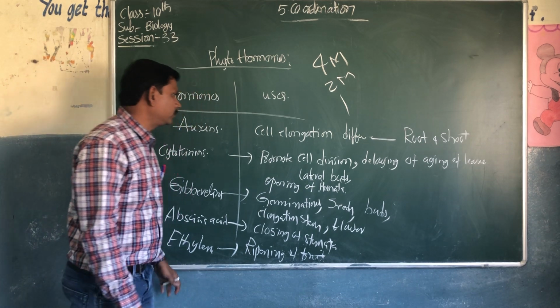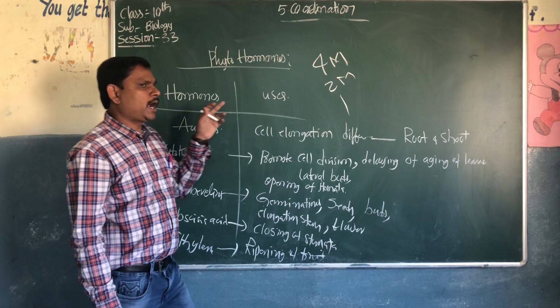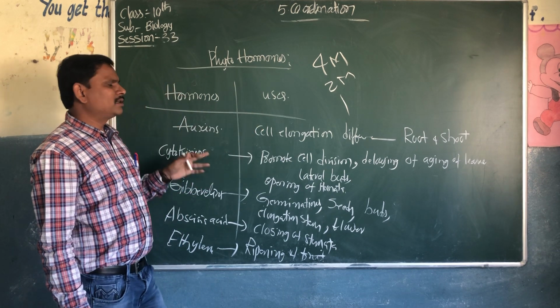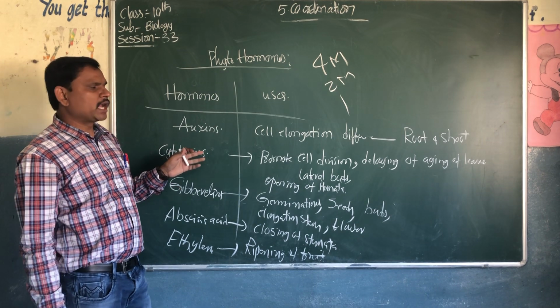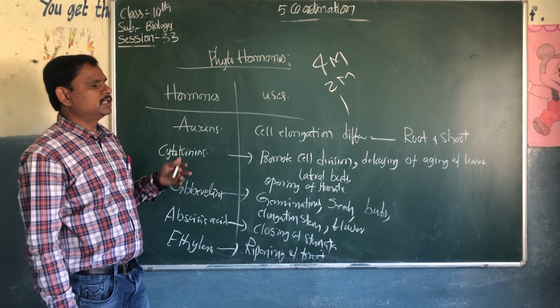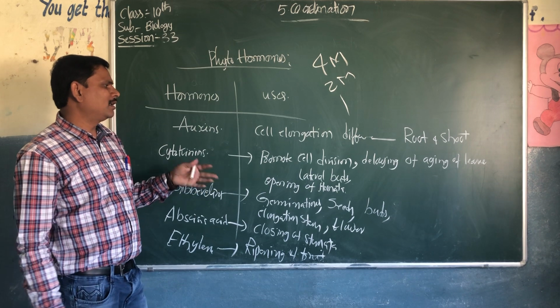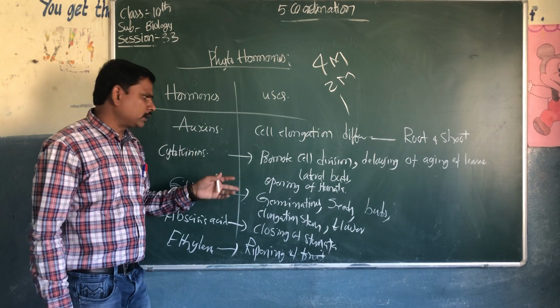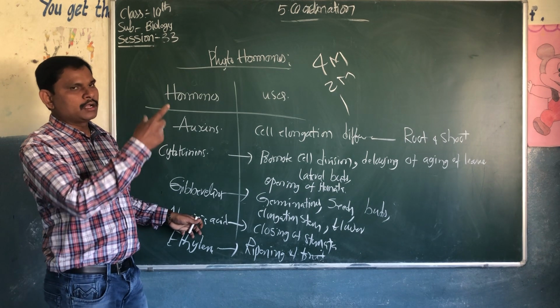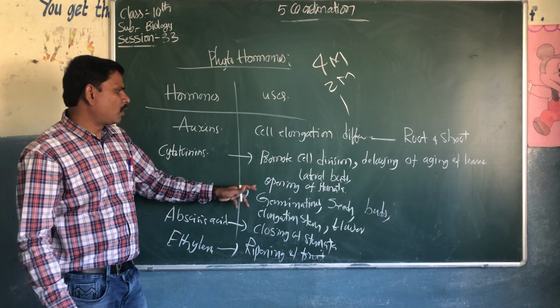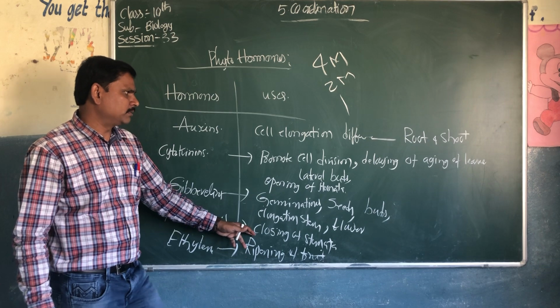Hormones and uses. Auxins: cell elongation, differentiation of root and shoot system. Cytokinins: promote cell divisions, delay aging of leaves, lateral buds, opening of stomata. So cytokinins and abscisic acid are opposite. Opening of stomata, closing of stomata.